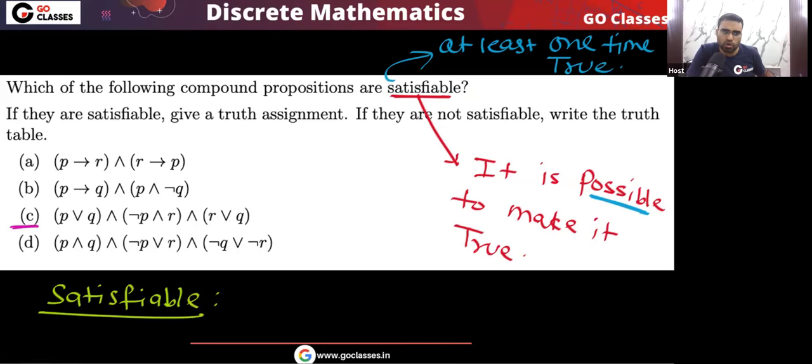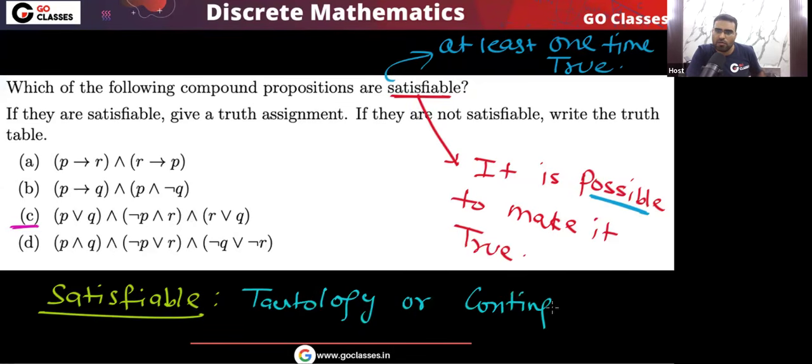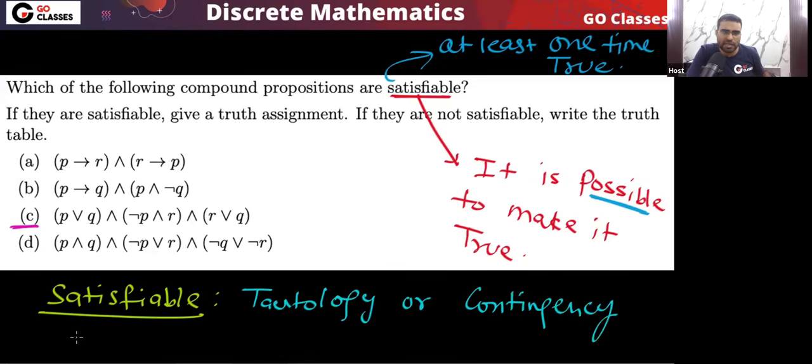It can be tautology also. Satisfiable is either tautology or contingency. Satisfiable means not contradiction, non contradiction.